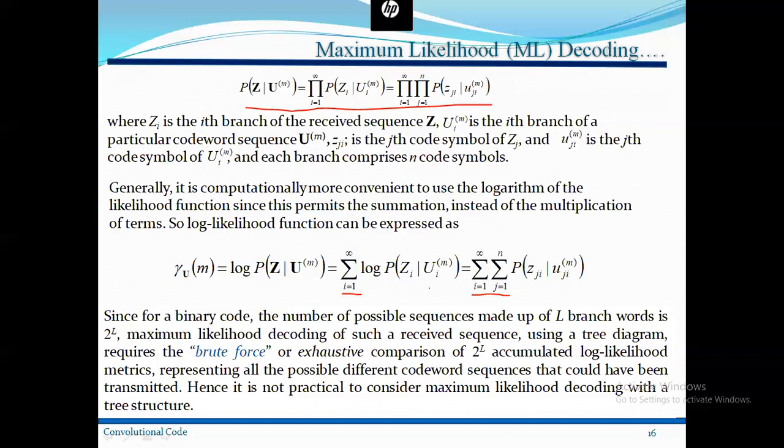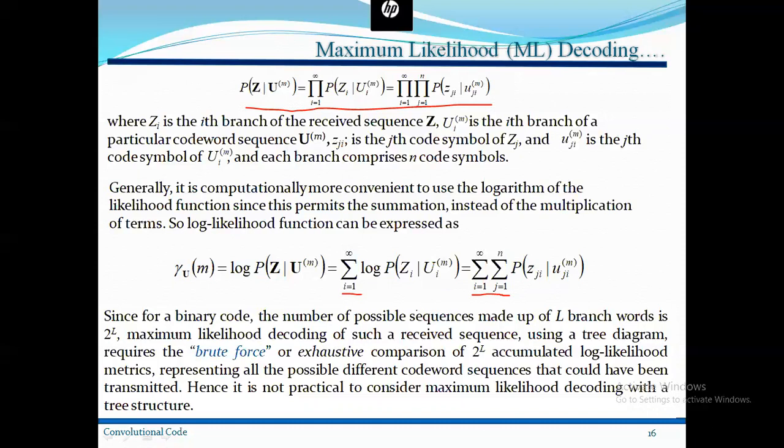In this, we replace all the functions with the log of the conditional probability function.